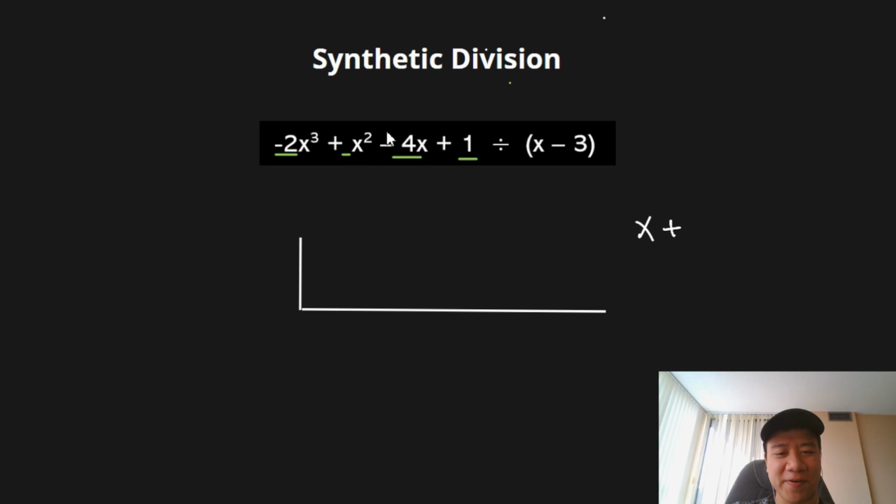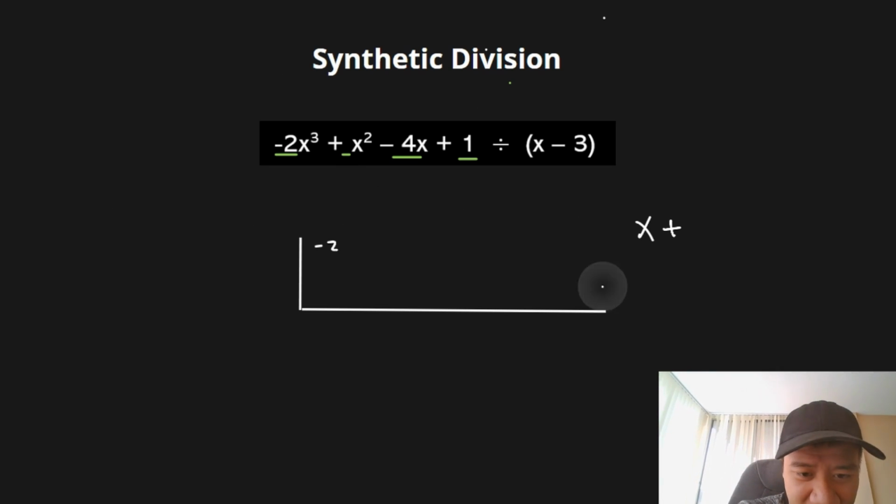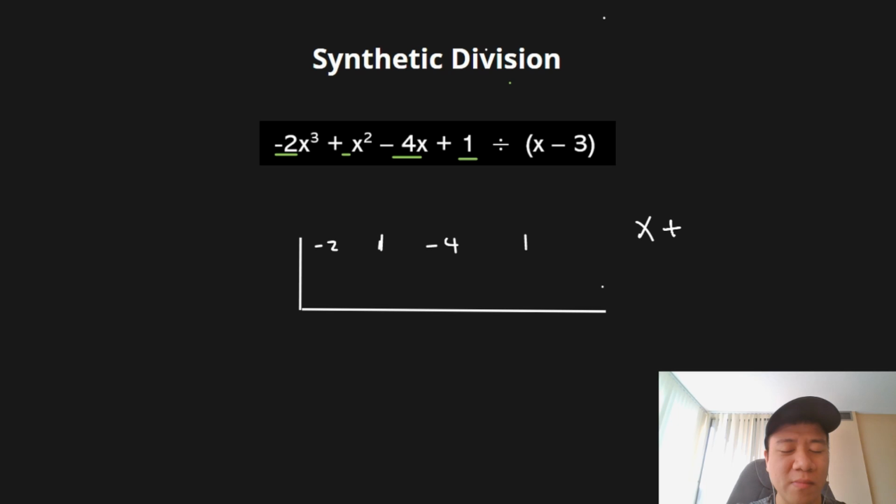So you might be wondering, for this term, there's no number, so would it be 0 or would it be some other number? Well, in math, when we don't see a number in front of our variable, we always assume it's 1. So in our row over here, we are going to put the number 1. Okay, so negative 2, and then 1, negative 4, and 1.